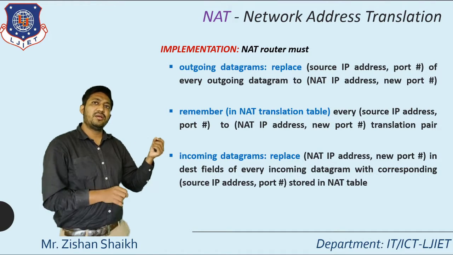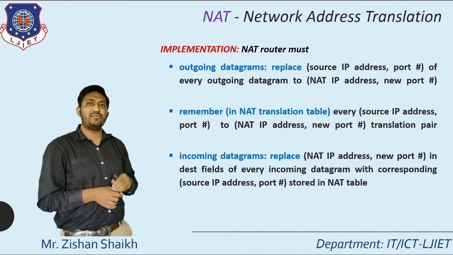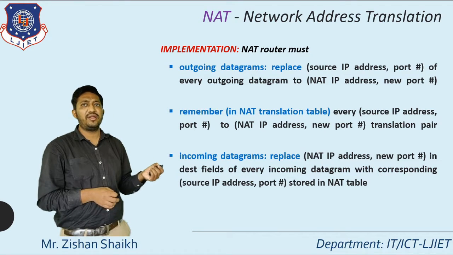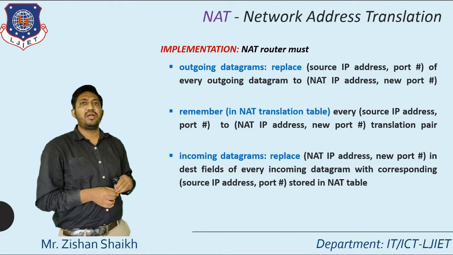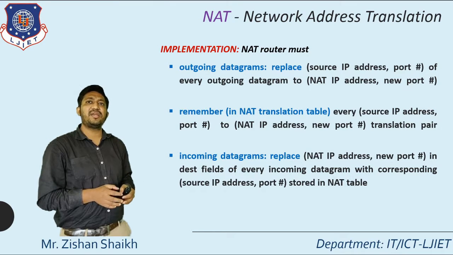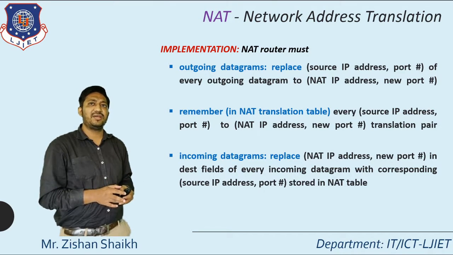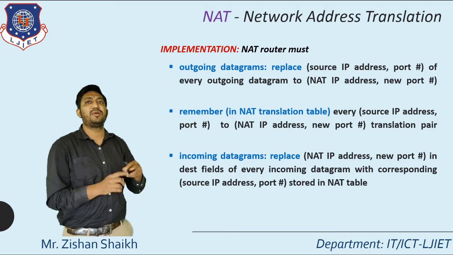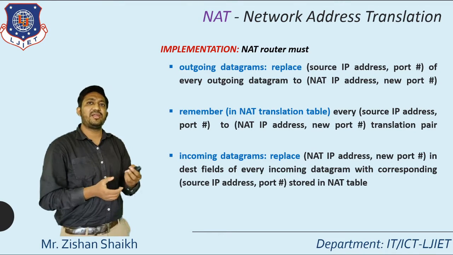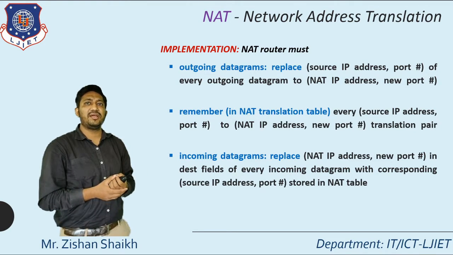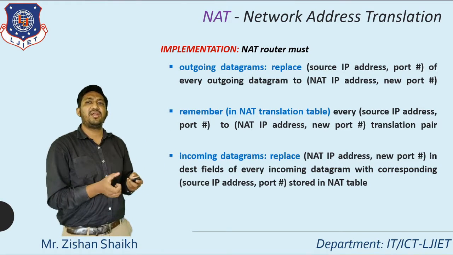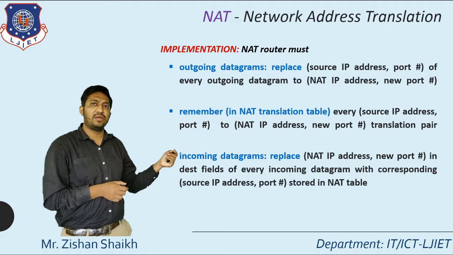So when any device in our network requests some data, it will first enter the NAT table. NAT will assign a new IP address and port number for that device, and that will be remembered by network address translation. Now that request goes outside of that particular organization. When the response comes back, NAT will map it again from the previous request and give the response to the specific host.